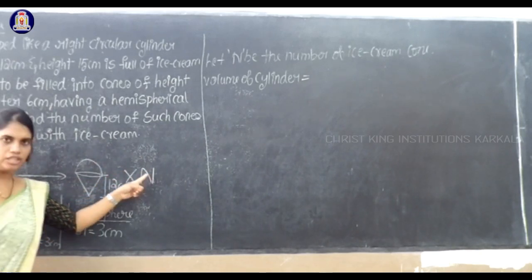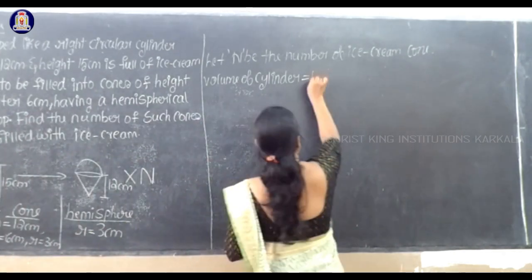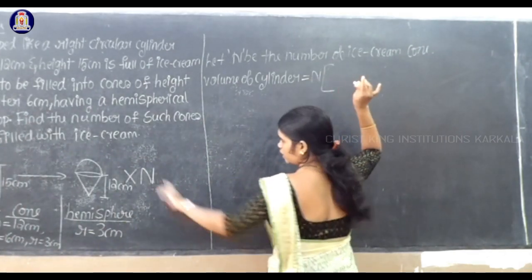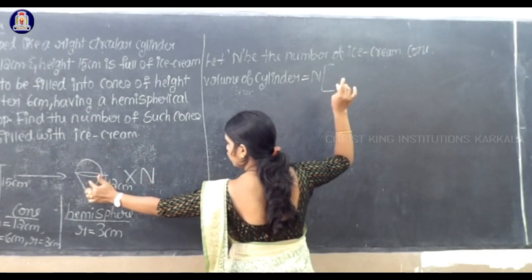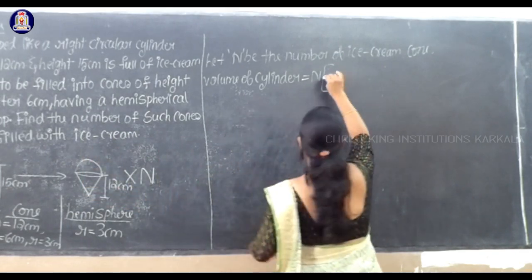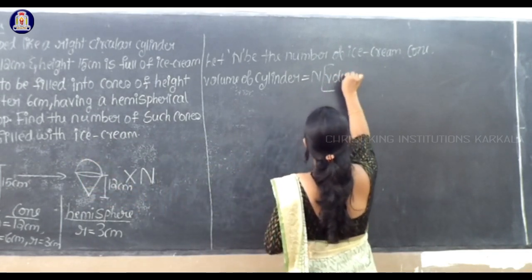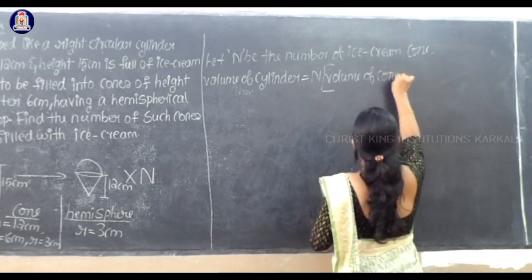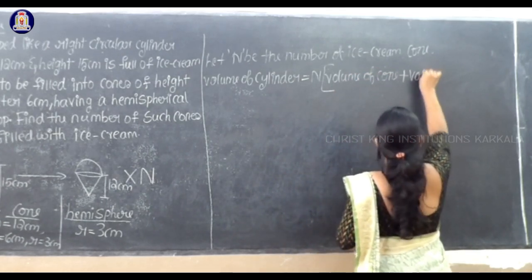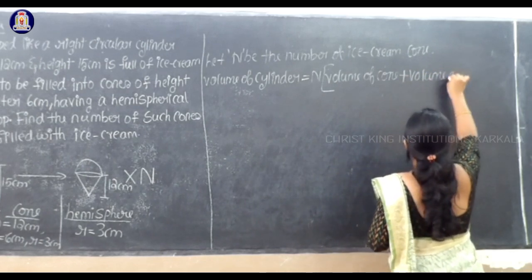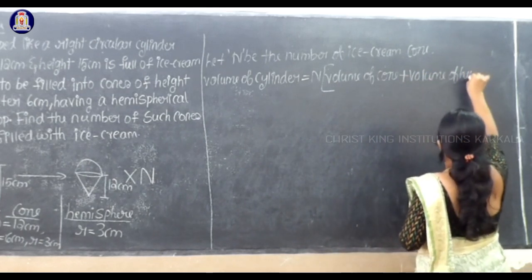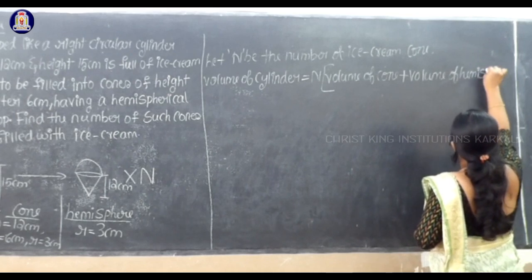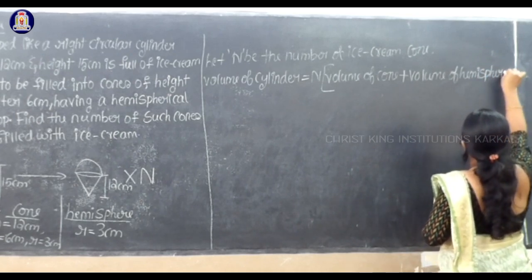So N into, this is a combination of cone plus hemisphere. So N into volume of cone plus volume of hemisphere.